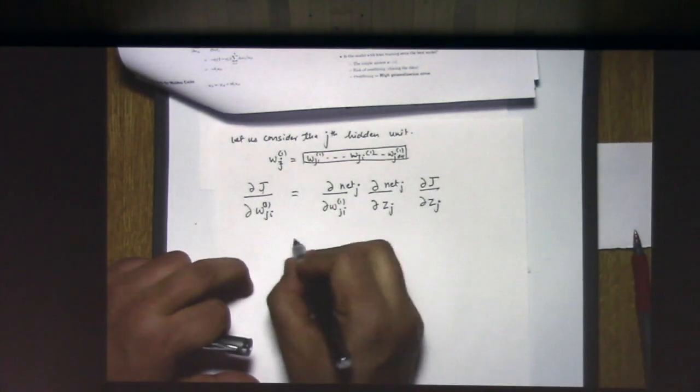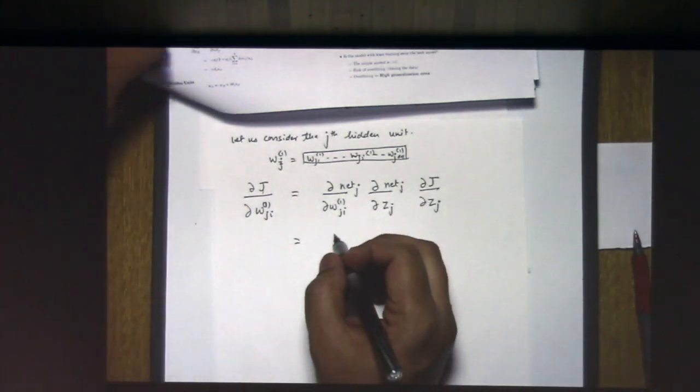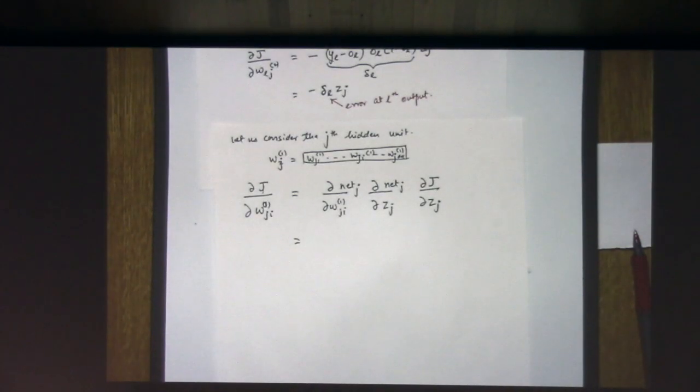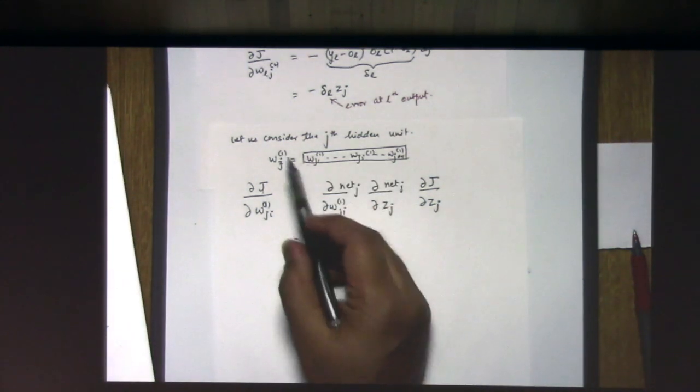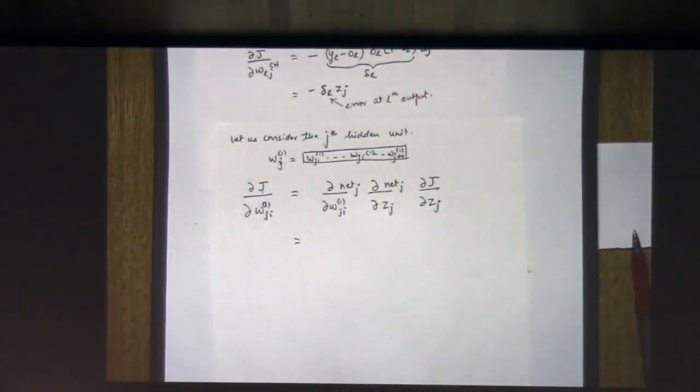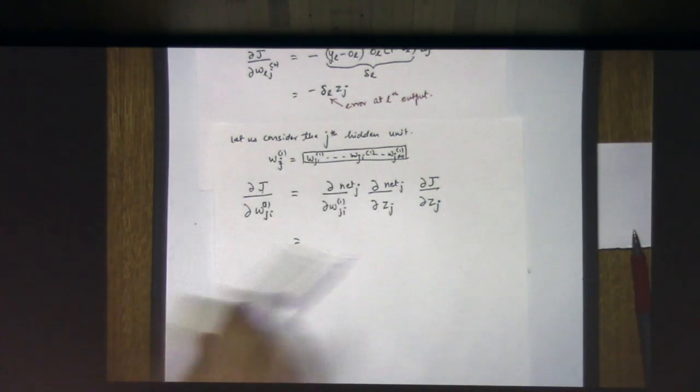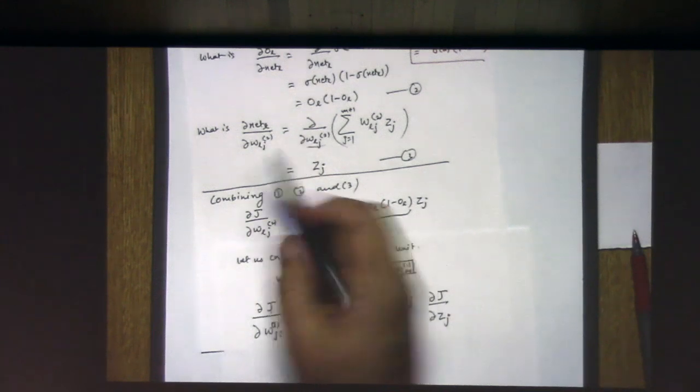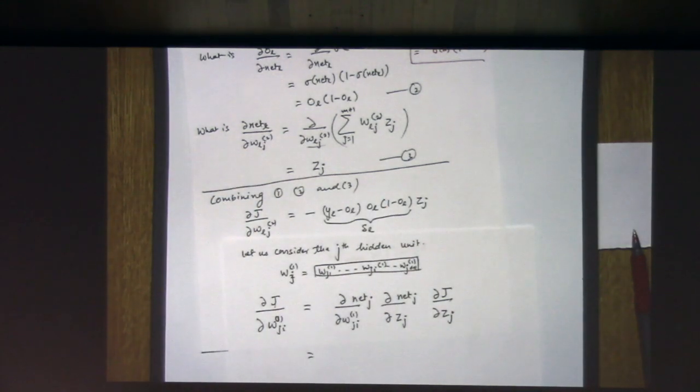And this can be written as, this is a layer number. So 1 means it's the hidden layer, and 2 means the output layer, because here we were doing all 2. The reason I say 1, 2 is because in principle you can have many hidden layers, so then you would number them like that.